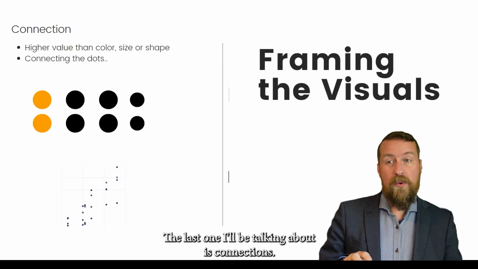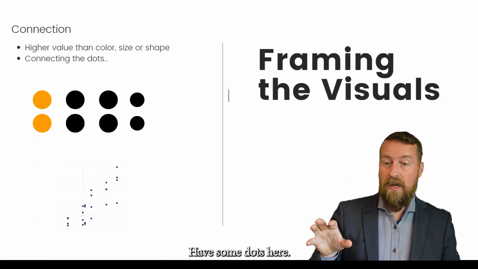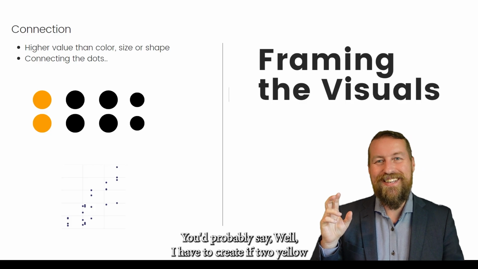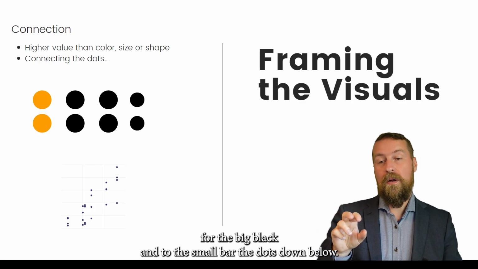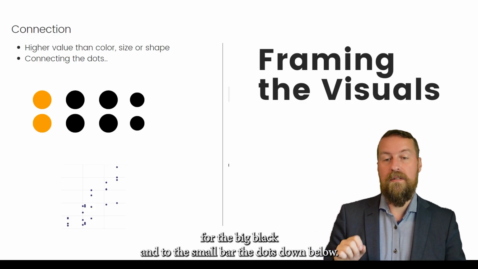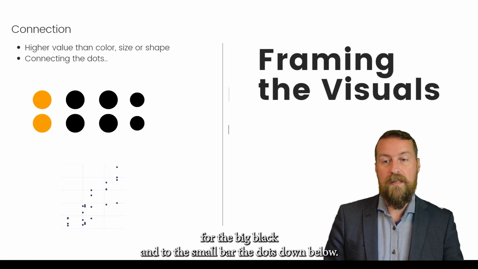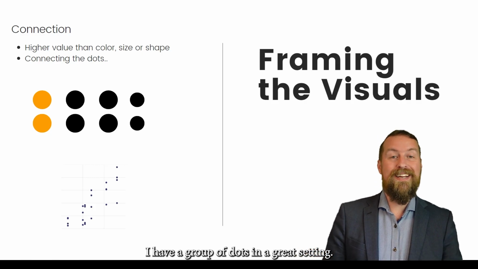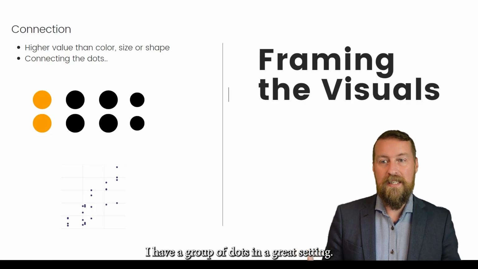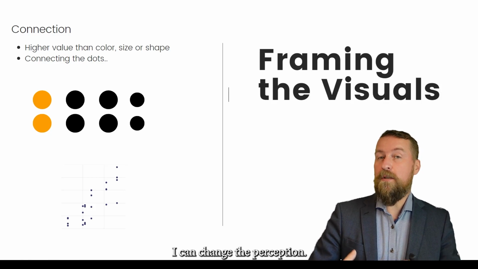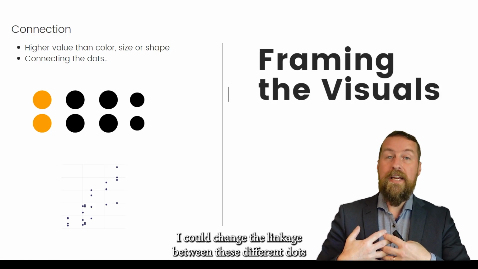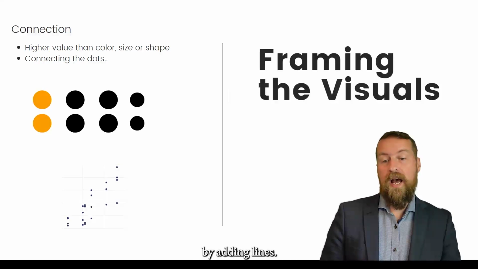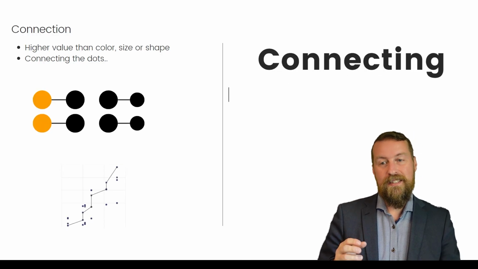The last one I'll be talking about is connections. I have some dots here. You'd probably say, well, I have 2 green, 2 yellow, 4 big black, and 2 small black dots. Down below I have a group of dots in a grid setting. I can change the perception, I can change the linkage between these different dots by adding lines.